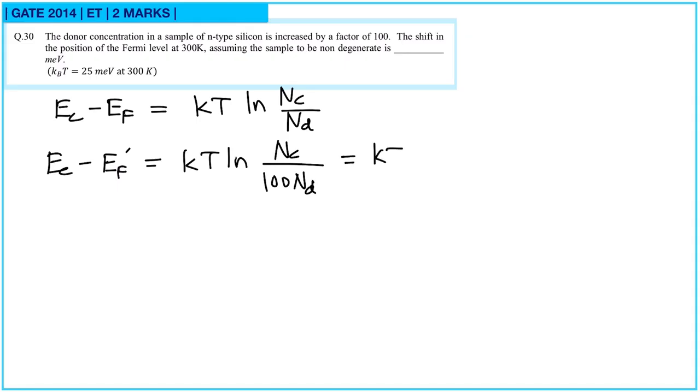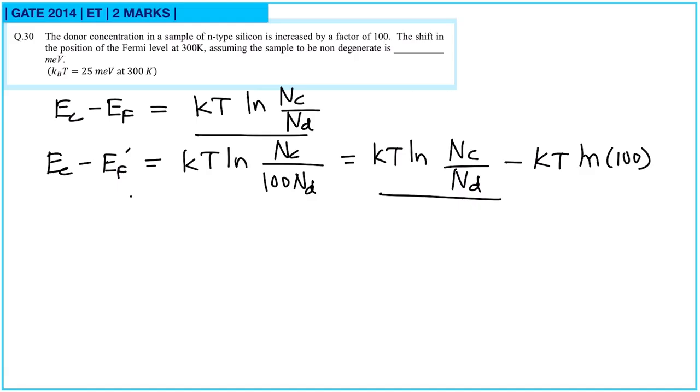This can be written as Kt ln Nc by Nd minus Kt ln 100. Since this part is common in both, the difference will be from this second term. So delta E, that is the change in energy level, will be equal to Kt ln 100.